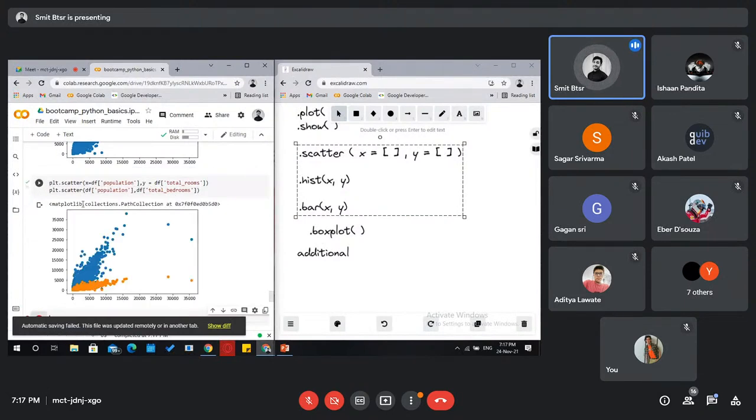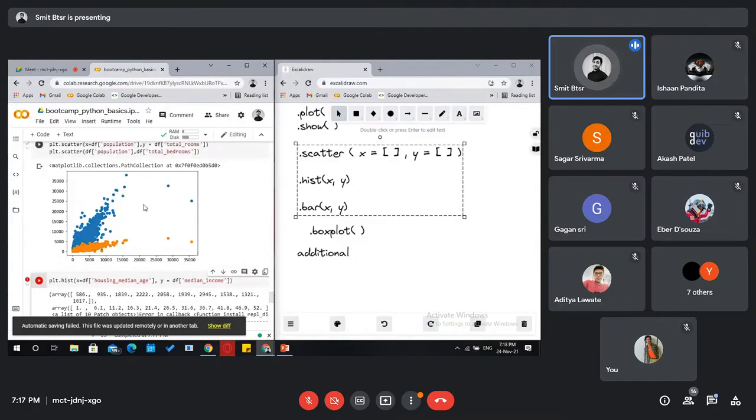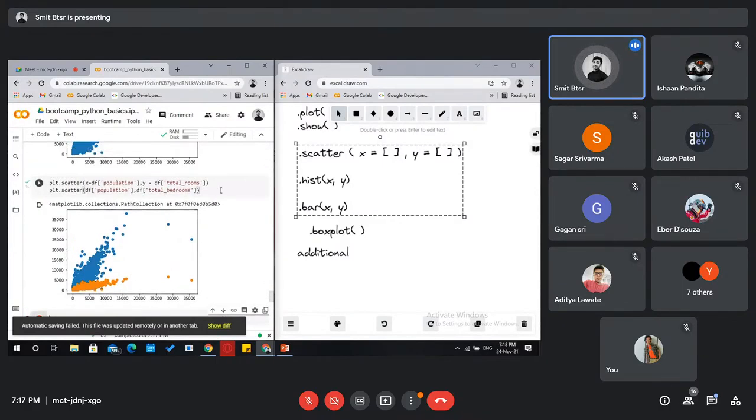One thing is it automatically changes the color for us, so we don't have to tell it explicitly. If we add some more graphs inside this, it will show all of them with different colors. Here we can see population versus total bedrooms is orange, and the other is blue.